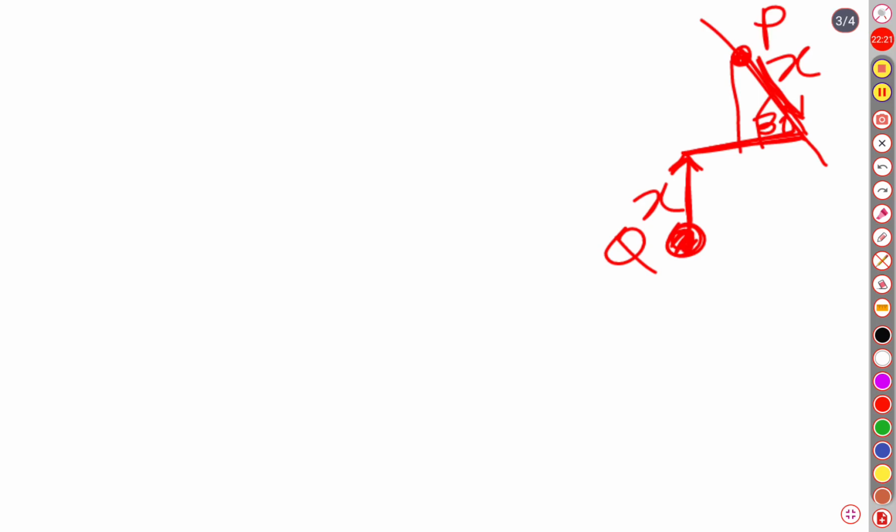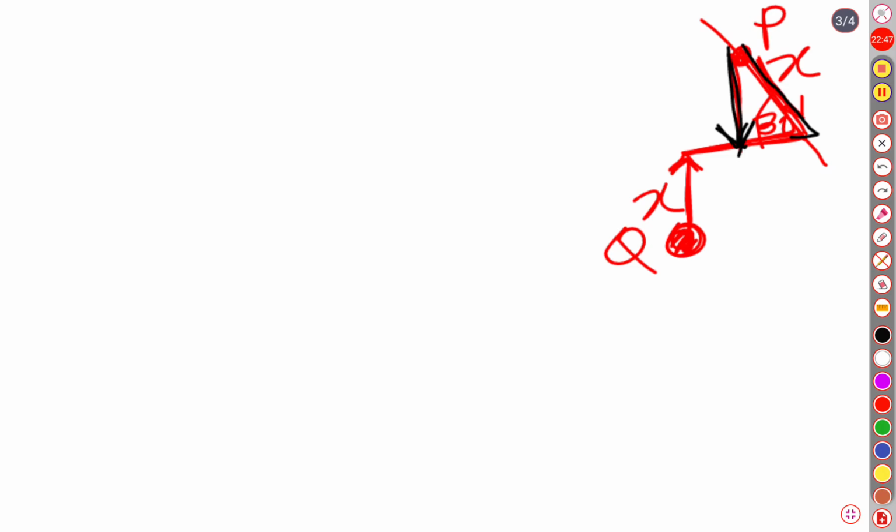The displacement for P is actually this one, look. So please don't get confused. P has traveled this distance, but we don't require distance, we require displacement, meaning height, how much height it has covered. So for P we will find this one, and both of them have traveled equal distance.